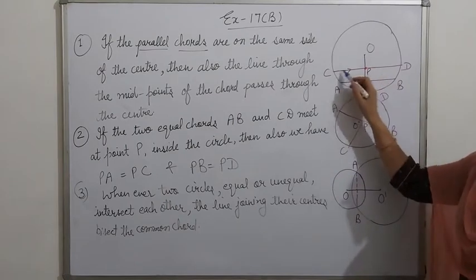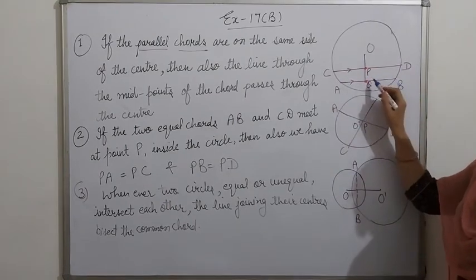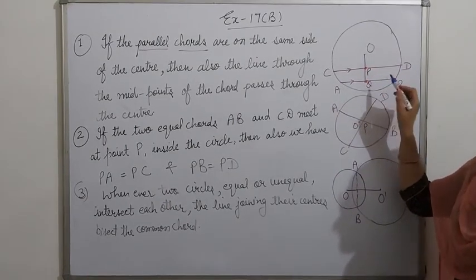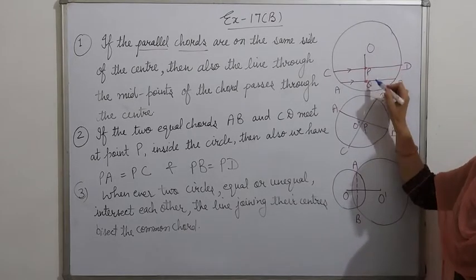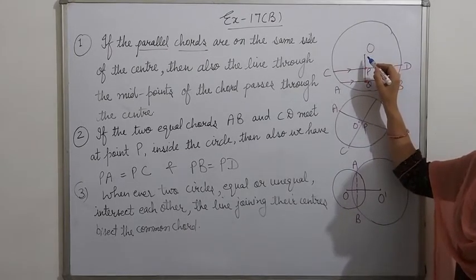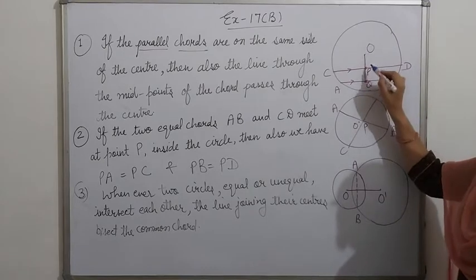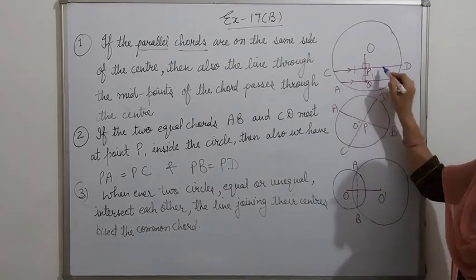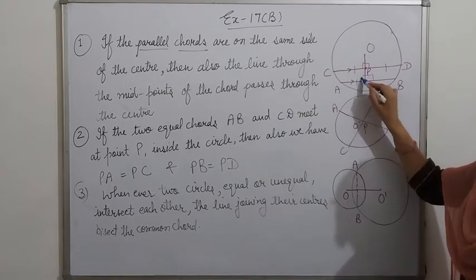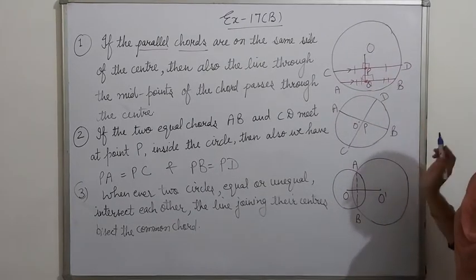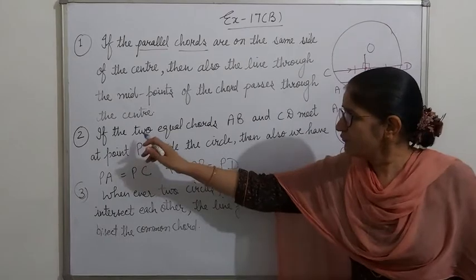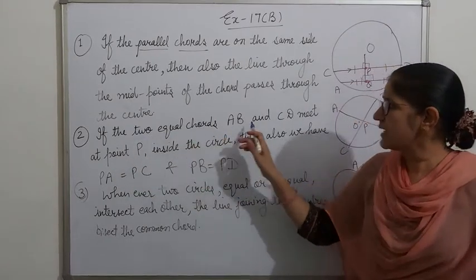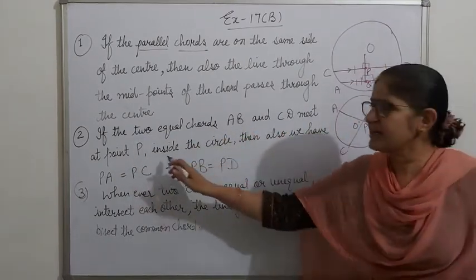I repeat, if two parallel chords are given and you join the midpoints of both the parallel chords and produce, this line will pass through the center. According to this, this will be 90 here also, and this part will be equal, and these both parts are also equal.